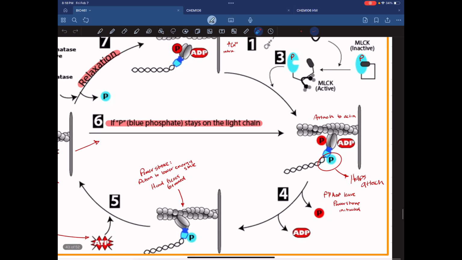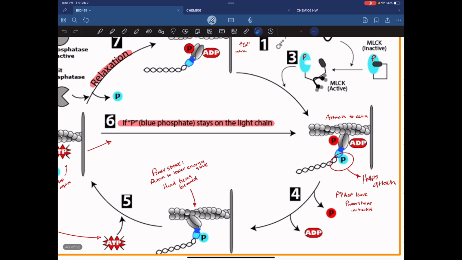When our myosin attaches to our actin, like what we talked about earlier with skeletal muscle, this phosphate from our MLCK is going to attach onto our myosin. So now our myosin not only has its normal phosphate and the ADP, but also this extra phosphate, which helps it attach to our actin.